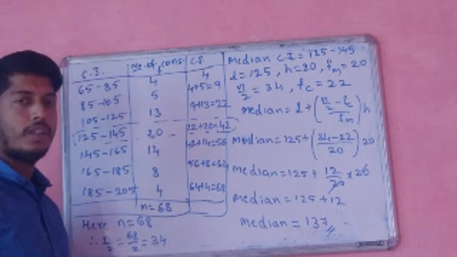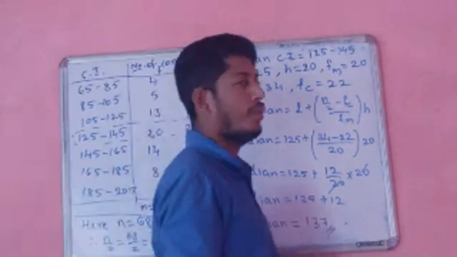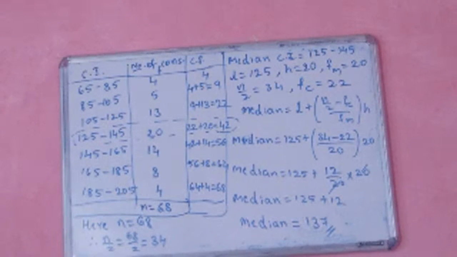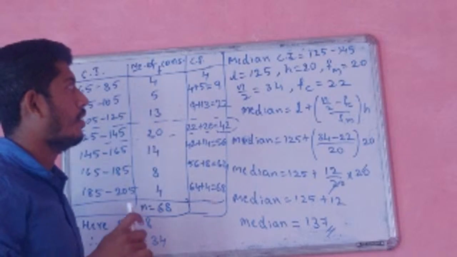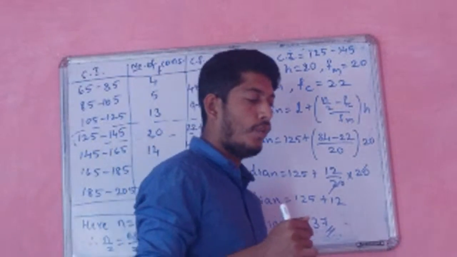Okay, 137 units. So these are the steps to find the median of a class interval. First we find the cumulative frequency, then the value of n by 2.